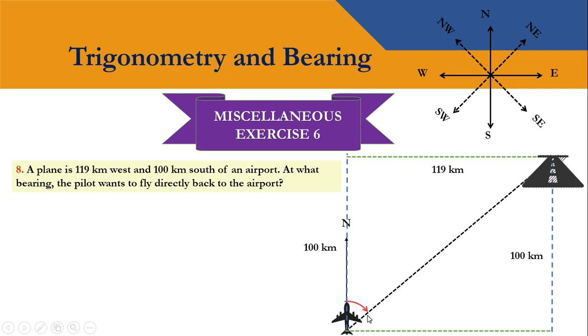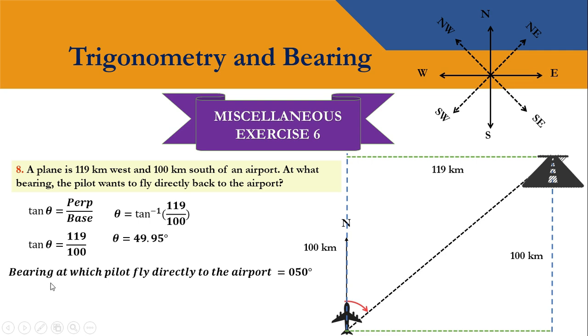The line which coincides with the angle is known as the base of the triangle, and 119 kilometers is the perpendicular of the triangle. So using tan theta again, tan theta is equal to perpendicular divided by base. Putting the value of perpendicular and the base, we will get the value of the angle, which is equal to 49.95 degrees, approximately 50 degrees.